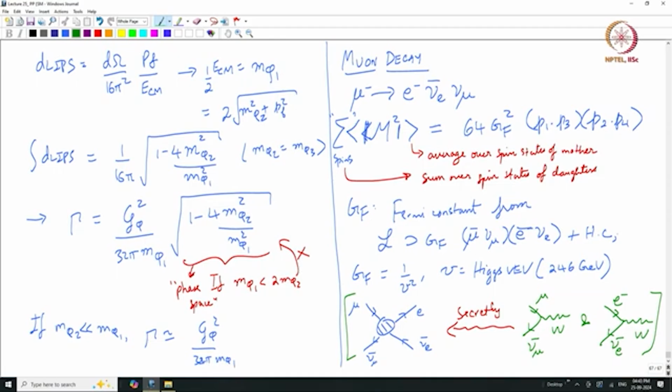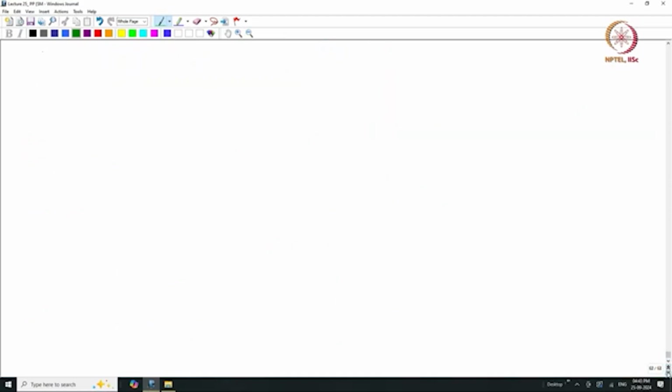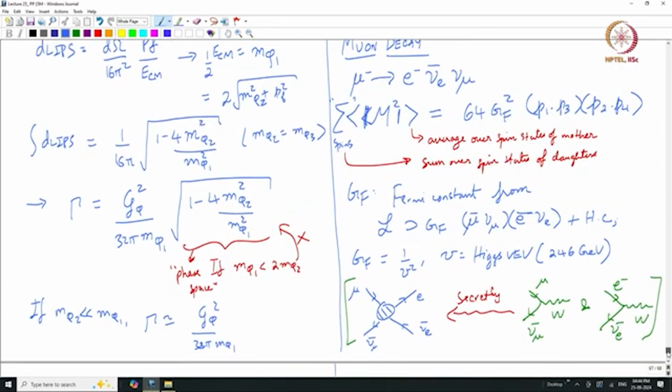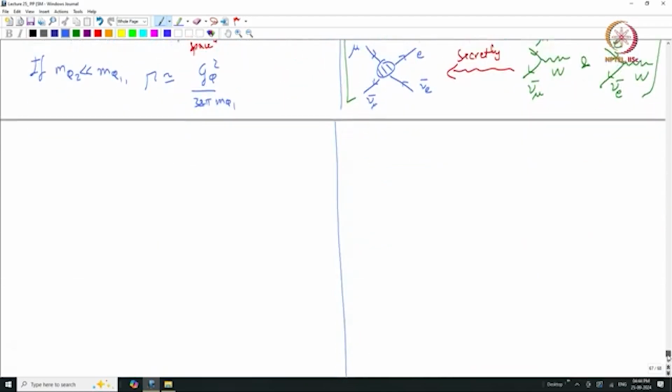So that accounts for the G_F, but of course we also have to do integration over phase space. Once again, that is not something I am going to do right now, because it is not a trivial calculation at all. You have to do a Dalitz integration for a 3 body final state now, as opposed to the 2 body one we just saw.